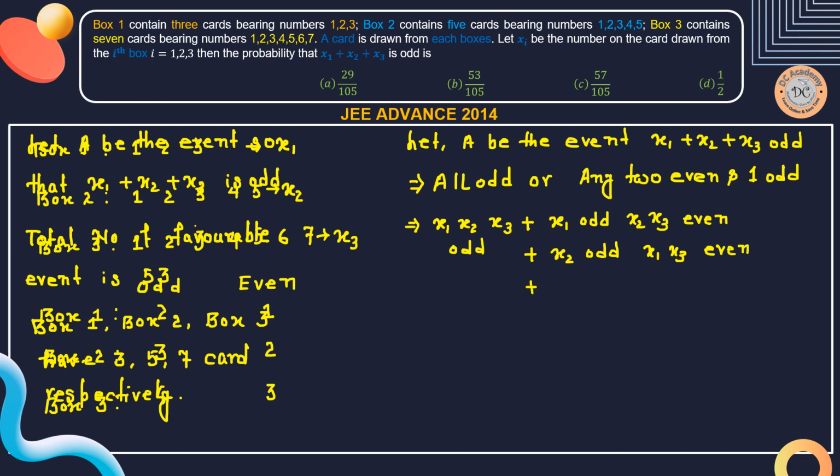And the last one: x3 can be odd, and x2 and x1 must be even. So these are the possible combinations.